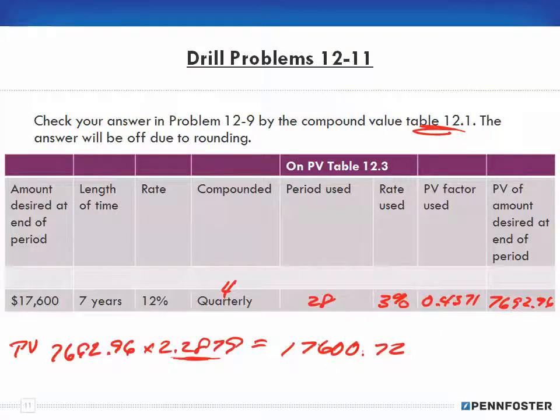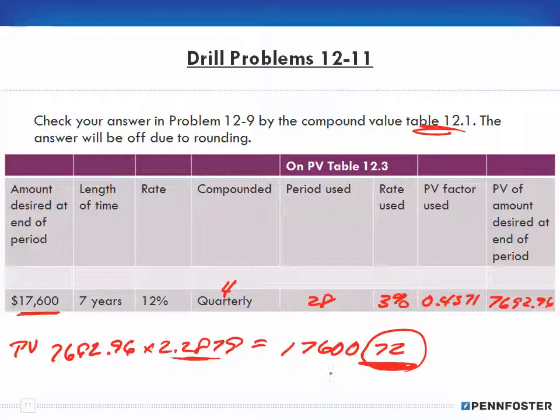So yeah, I'm off by 72 cents. Remember, my future value amount was $17,600 even. But due to rounding, and the large numbers in the factors themselves, I'm going to be off by a little bit, and in this case, 72 cents. So for rounding issues, this 72 cents is acceptable.